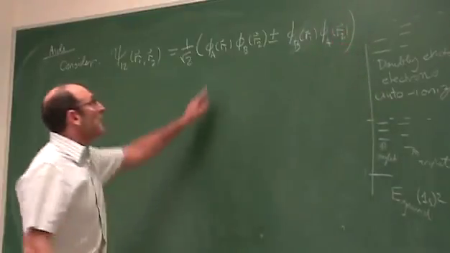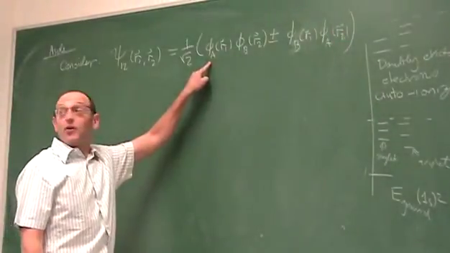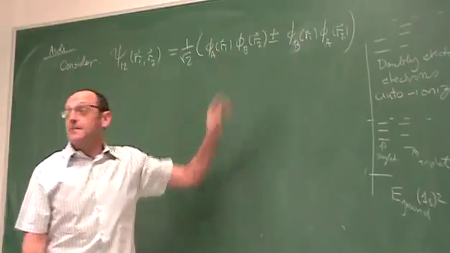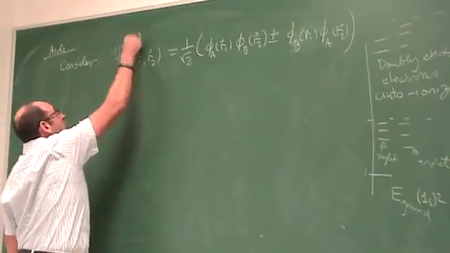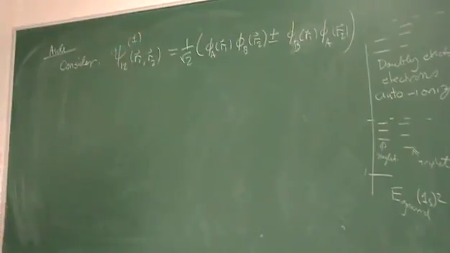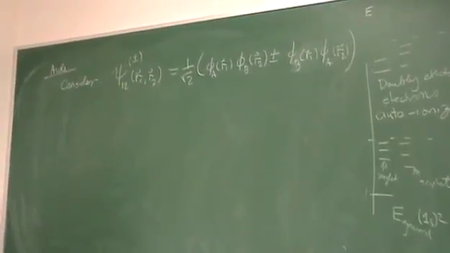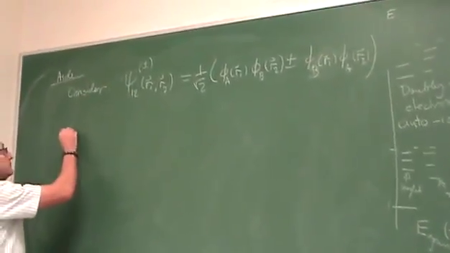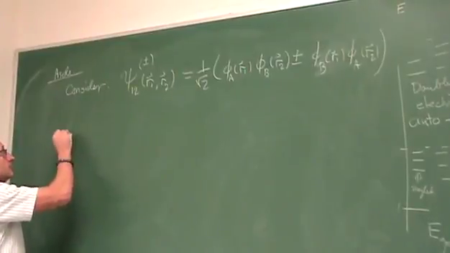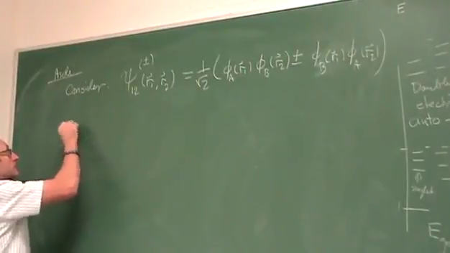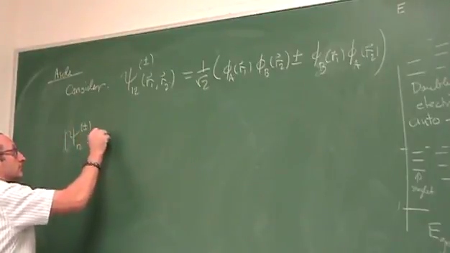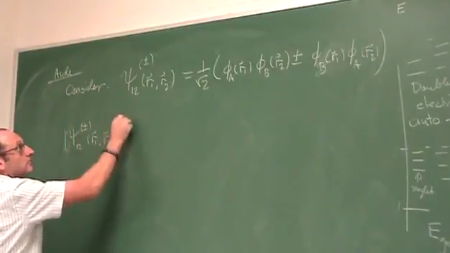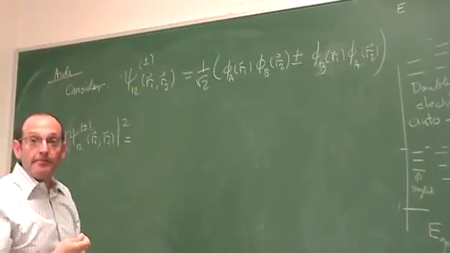So for example here, phi A is the 1s orbital, and phi B is an excited orbital. And we call this plus or minus. Let's look at the probability density associated with this. What do I get?